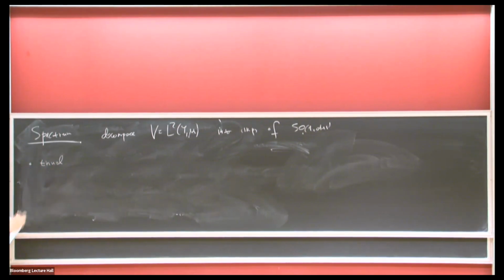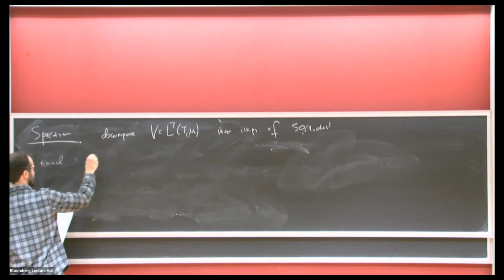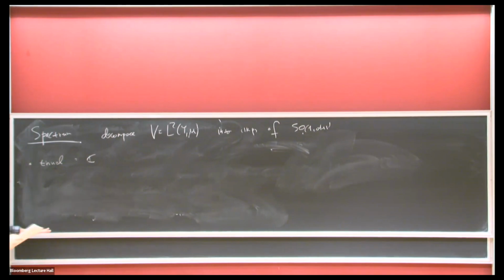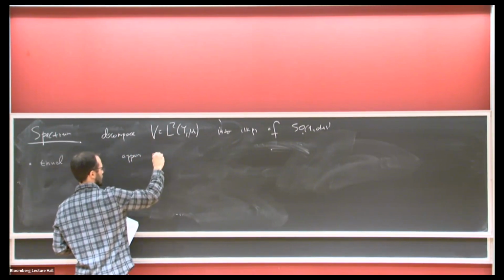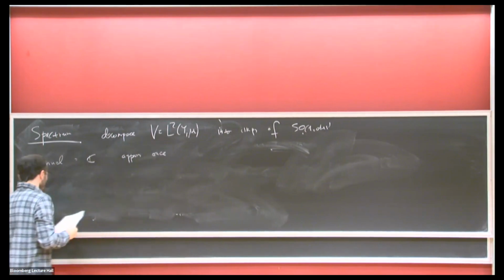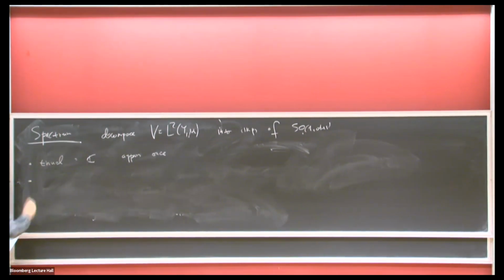There is always a trivial representation, which is just one-dimensional, C, and like we already saw, it appears precisely once in this decomposition. This is ergodicity. It appears once, it's just a constant function. All of the other unitary representations are infinite dimensional.